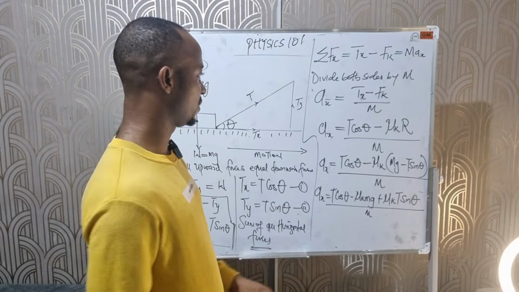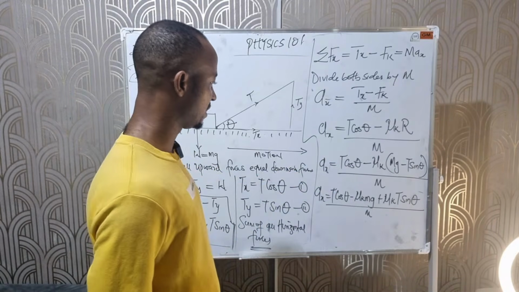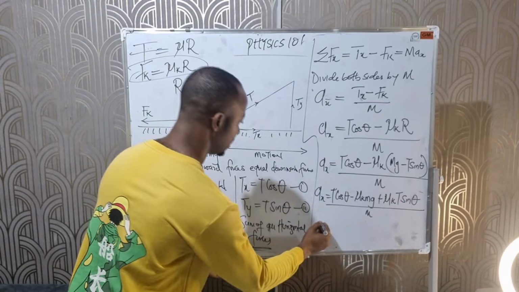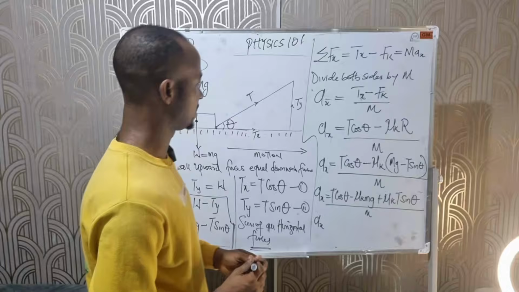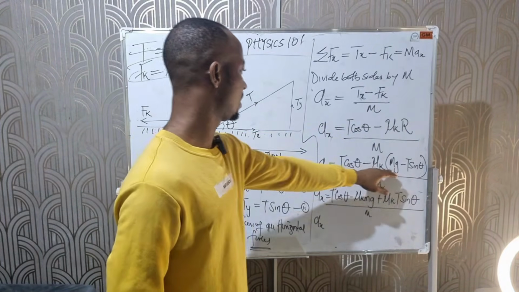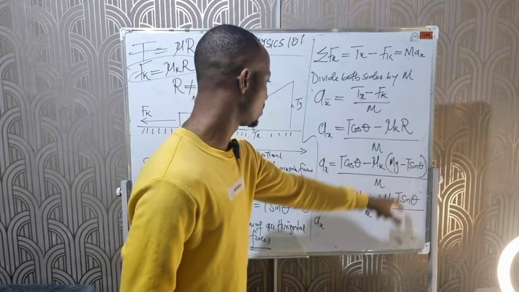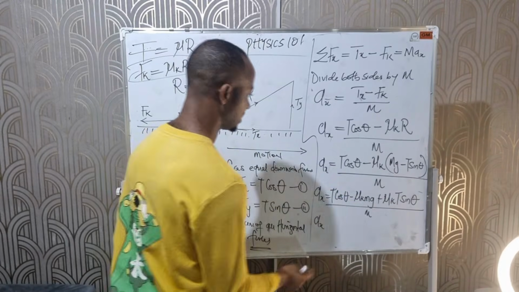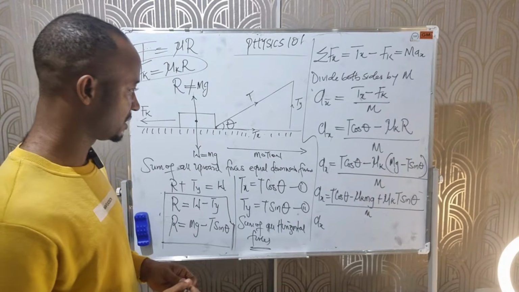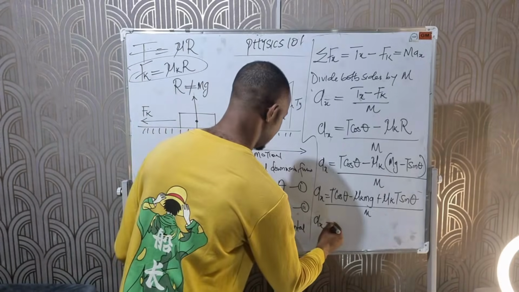All we just need to know is once you are able to get your figures, just input the values and that will be done. But let me see what else can be done here. Here we have T cos theta, mu k R, perfect, mu k mg minus T sine theta, perfect. We have mu k mg plus mu k T sine theta. So let's take these two as like terms, right? As like terms. Why? Because both of them have tension. So I can say this is equal to what?